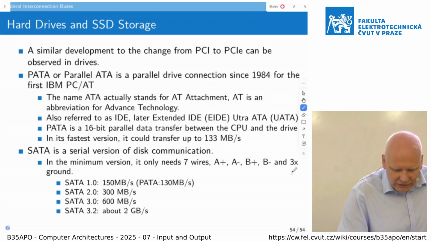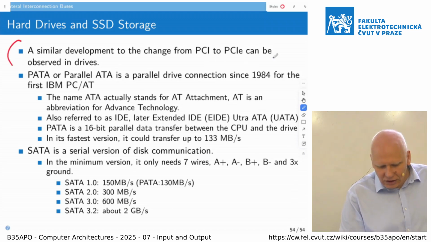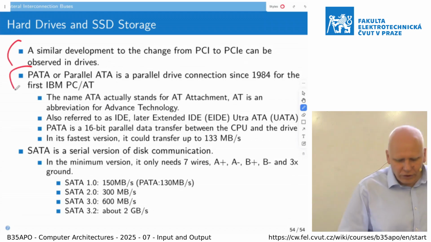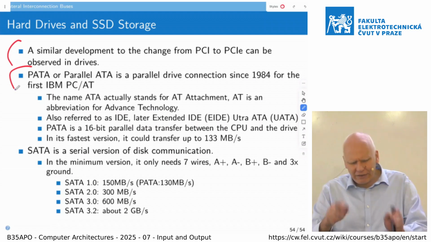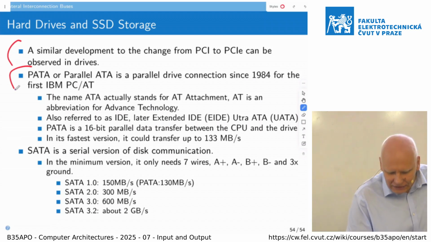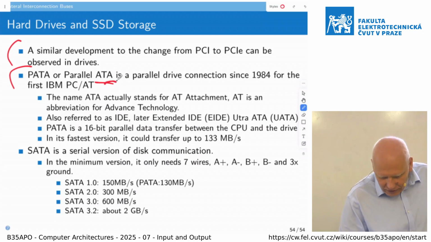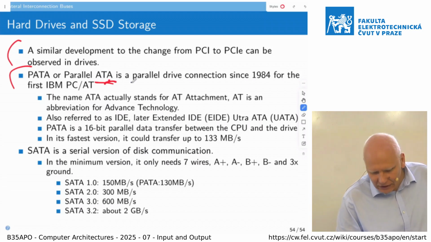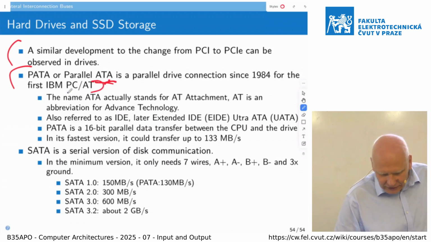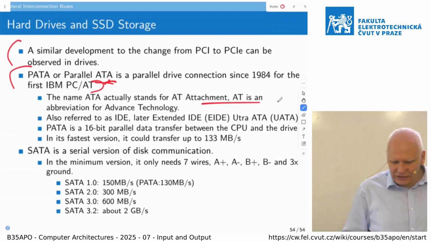If you look at the hard disk, the initial connection was analog in very old times, but then it switched to the parallel Advanced Technology Attachment interface on the IBM PC-AT, which used a parallel 16-bit bus.